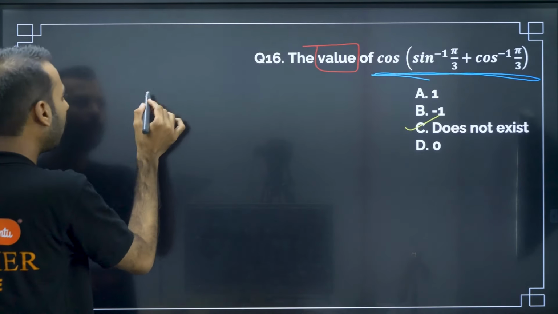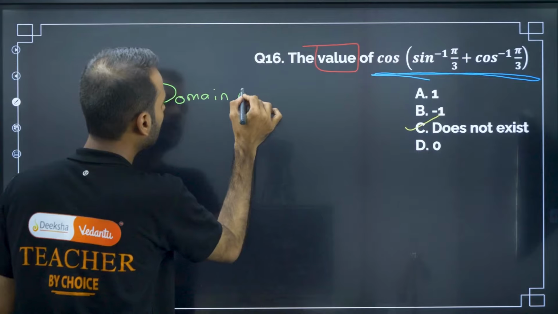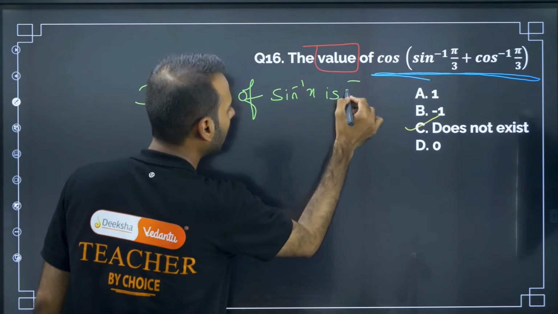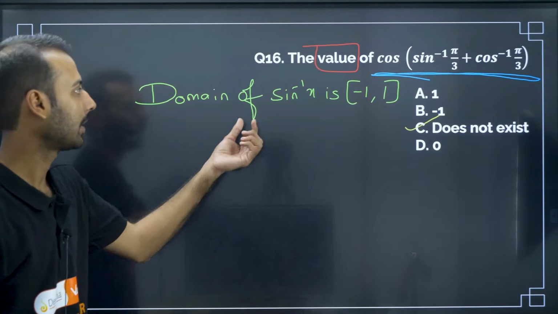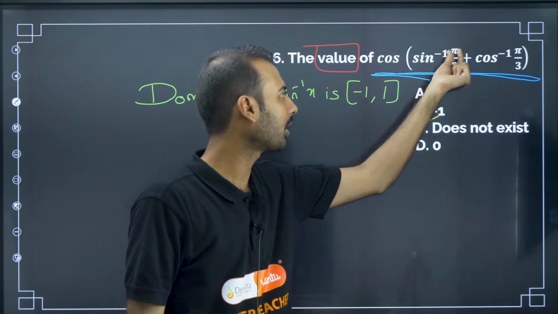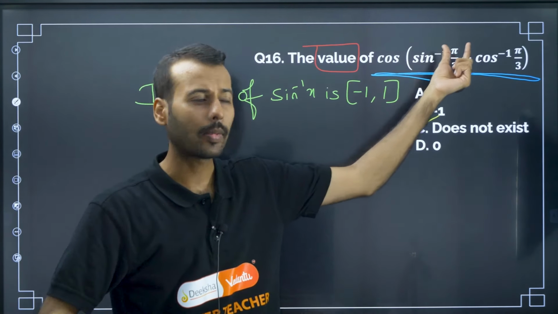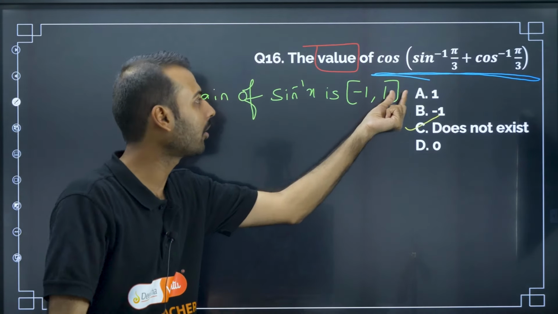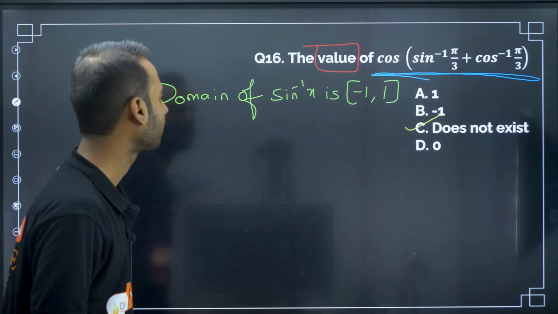Because the domain of sine inverse x is -1 to 1. Domain of sine inverse x is -1 to 1. But here, for sine inverse, they are giving pi by 3 as the input. Pi is 3.14, divided by 3 means it will be more than 1. For sine inverse, they are giving more than 1. That will not be accepted. So, does not exist is the answer.